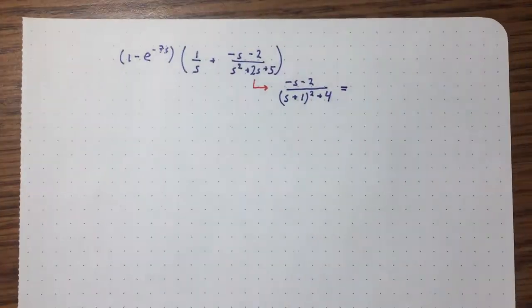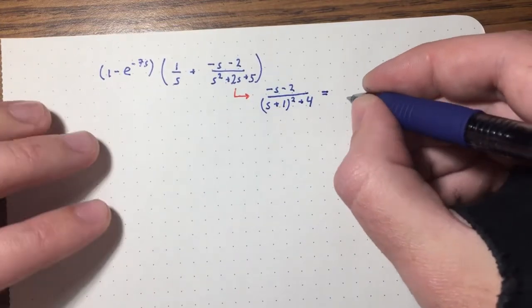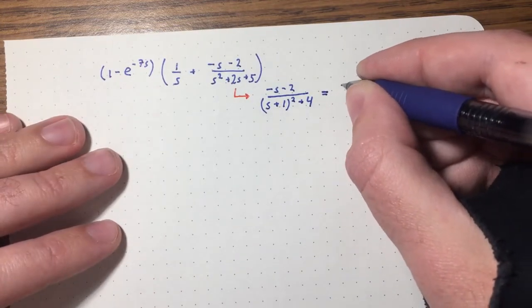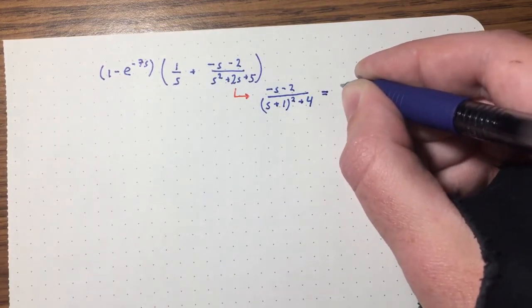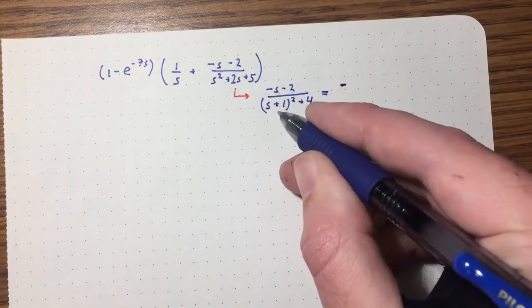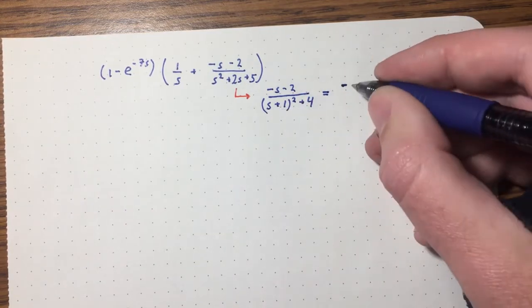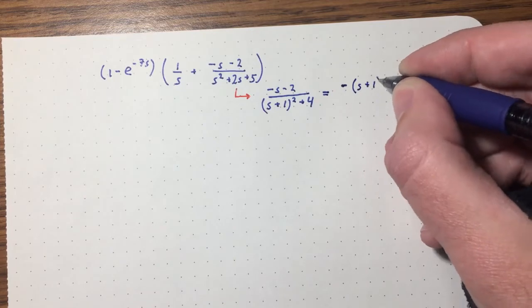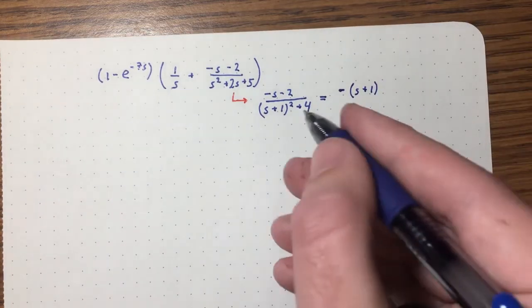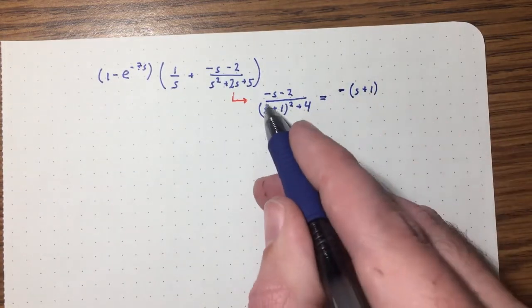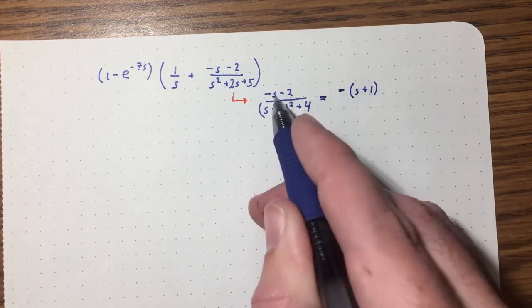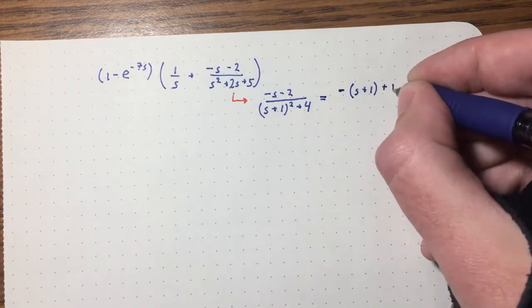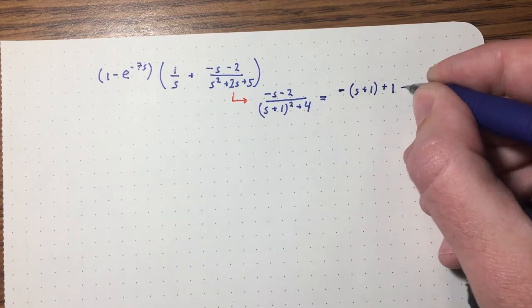And so remember what I have to do now is rewrite this numerator in terms of s plus 1. So I'm going to just put in an s plus 1. Okay. But what did I do? I added a 1 that wasn't there before, so I need to add 1 to compensate, and then I still have the minus 2 there.